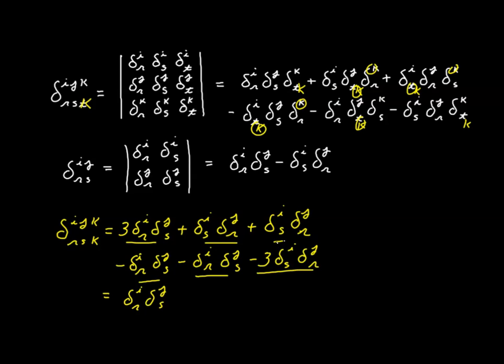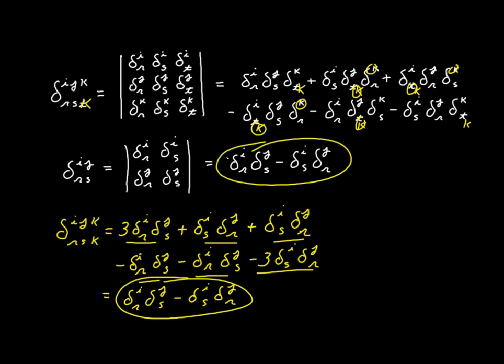This combines with these to give us a negative delta is delta jr. And you will notice that what we wind up with is exactly this. In other words, this expression, this contraction, is equal to delta ijrs.